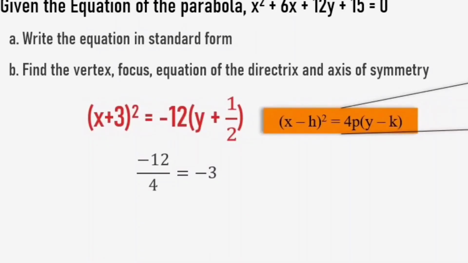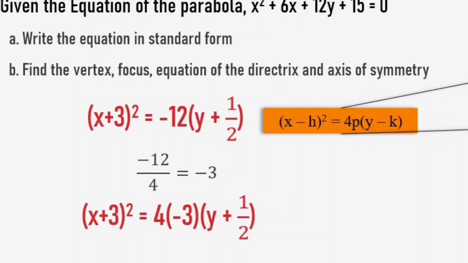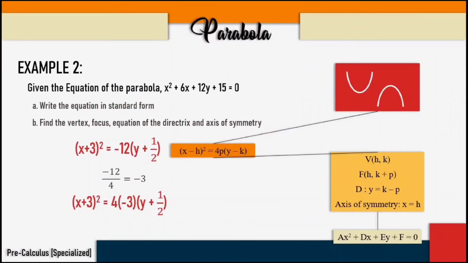Now, we have x plus 3 squared is equal to 4 times negative 3 times the quantity of y plus 1 half. Kung mapapansin ninyo na ang focal distance natin ay negative, therefore, the parabola is open downwards.